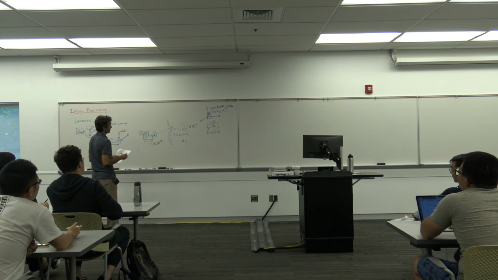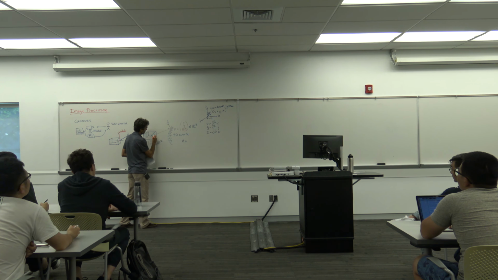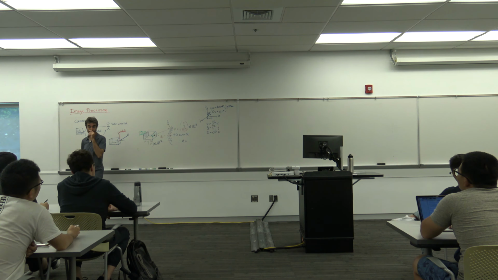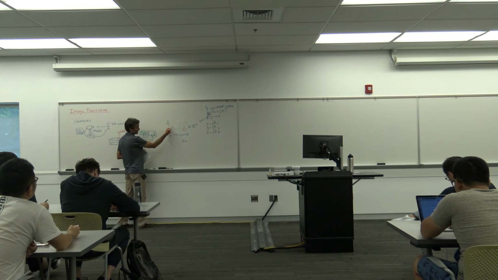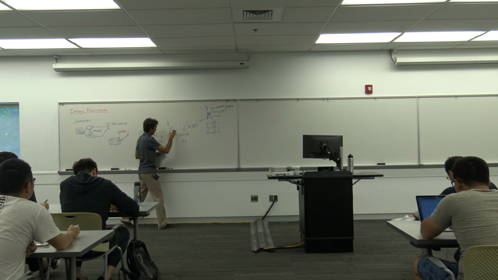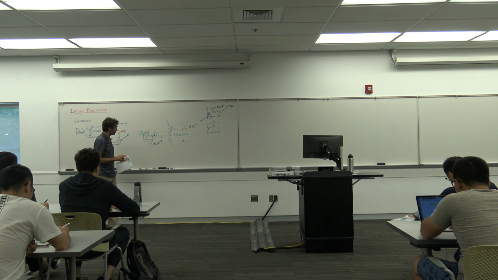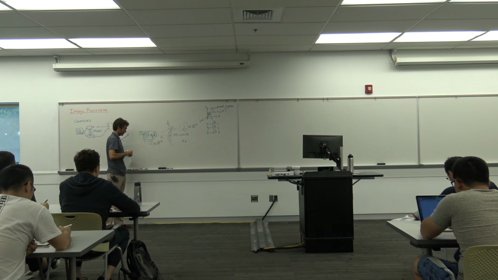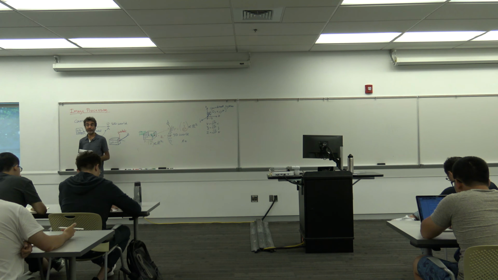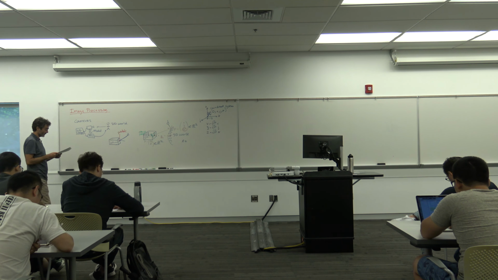From P, the distance from P to the camera. So this distance here is Z. It's the projection of that vector OP, as we saw here, onto K.